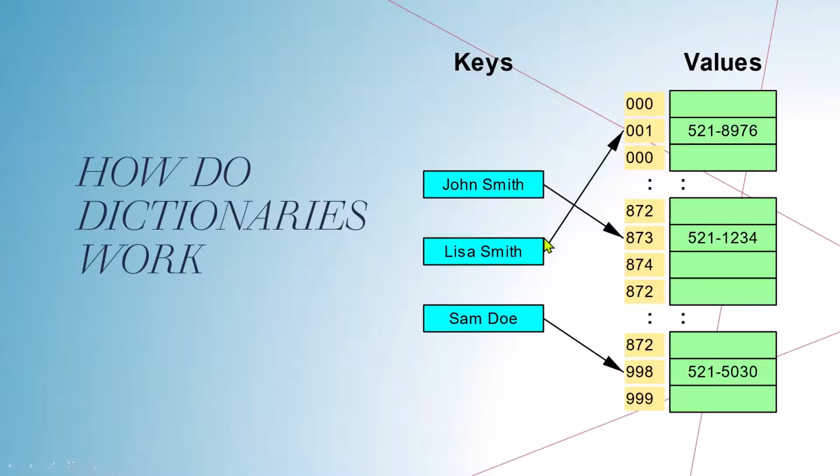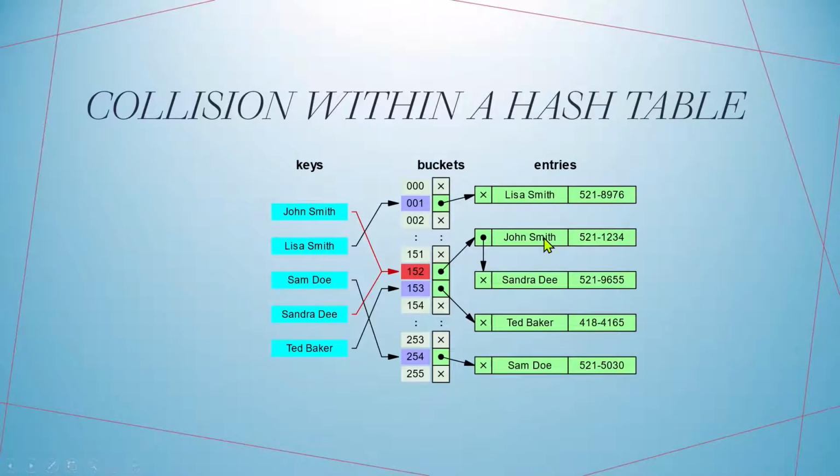Now, there could be a situation where the computation of these hash codes leads to two keys having the same code, and that's what is known as collision within the hash table. So here you can see that this key has the hash code 152 and this key as well. The hash algorithm will resolve this situation in one of two ways.